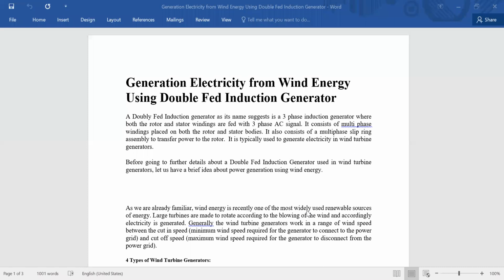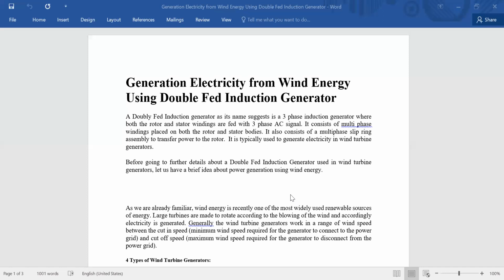Large turbines are made to rotate by the blowing of the wind. It rotates according to where the wind is blowing, and that is how we generate electricity.